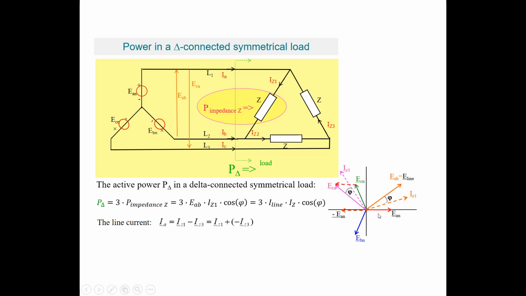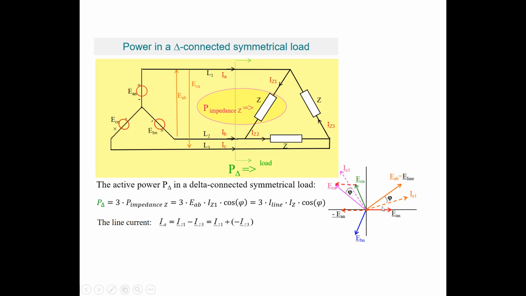And in that phase diagram, we have defined the phase voltages EAN, EBN, ECN, and we have defined the line voltage EAB, which was EAN minus EBN, and we have drawn the line voltage ECA, which is EC minus EA.